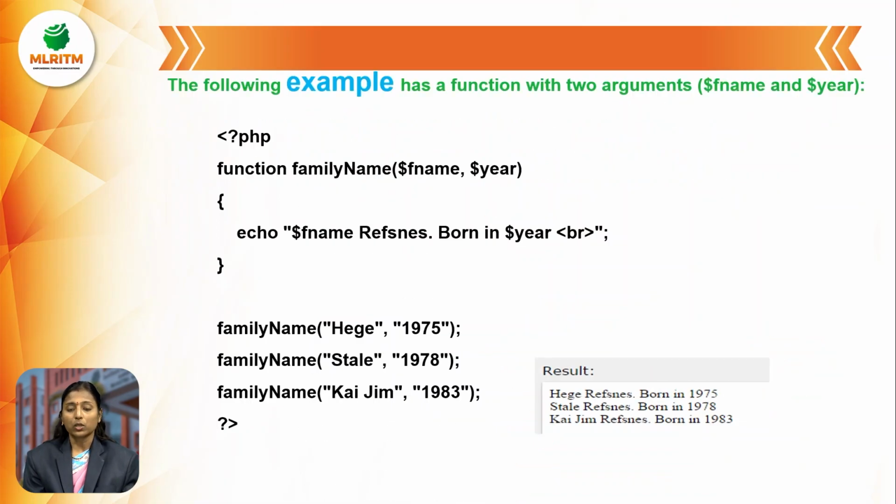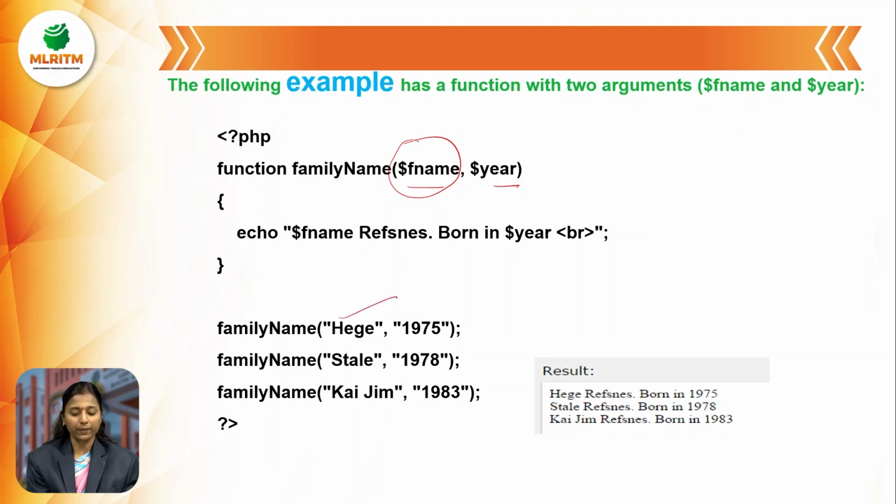Then this is how a function with two arguments looks. PHP function familyName with fname and the year. Okay, with two arguments. In the previous one, we discussed one argument. Then in this one, we are discussing two arguments. Echo $fname, same, born in $year, then printing these two.